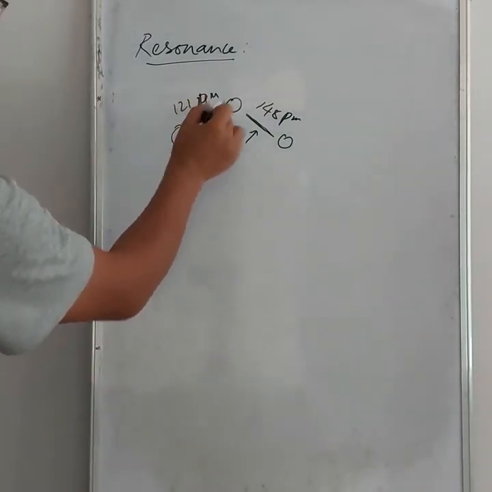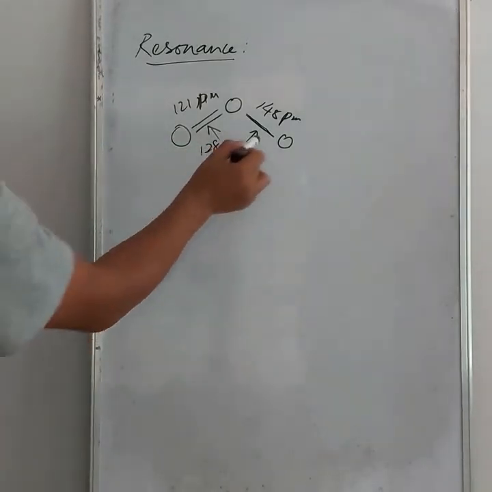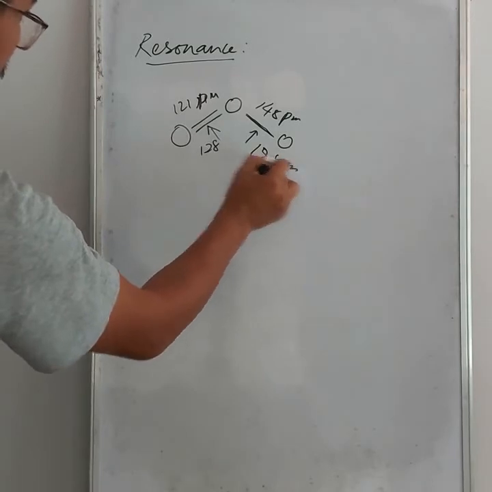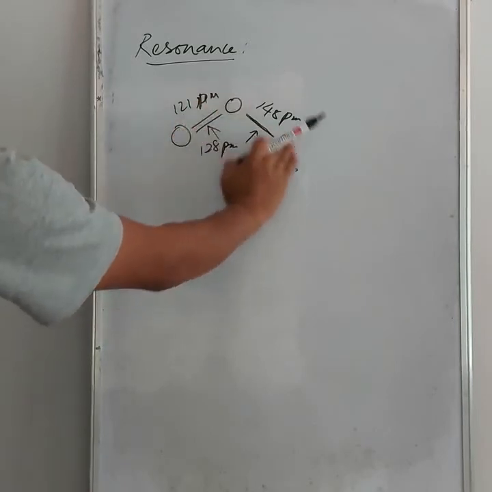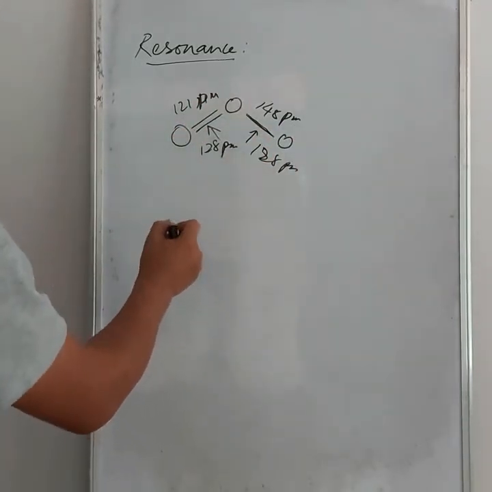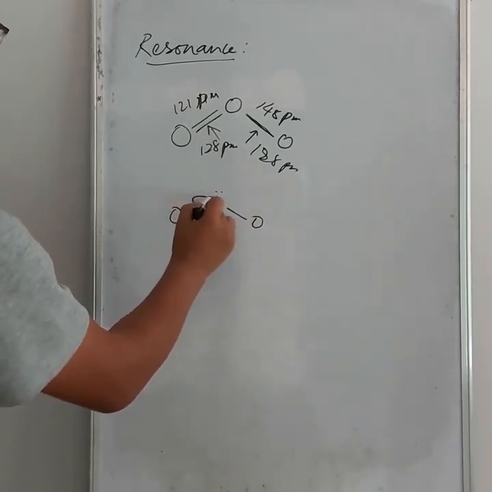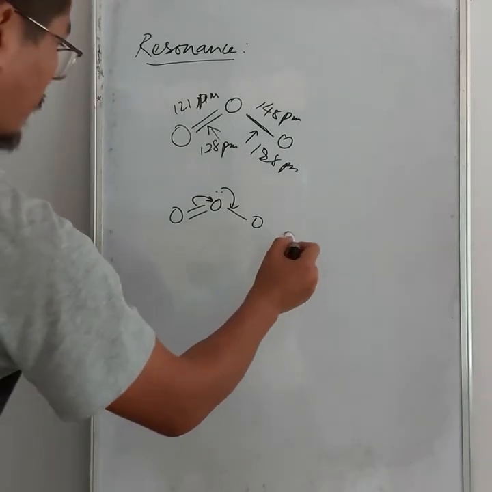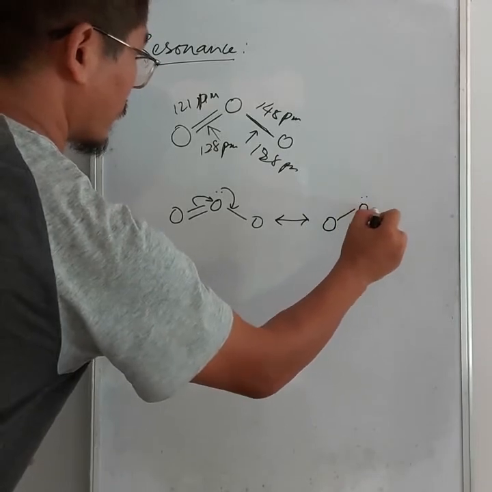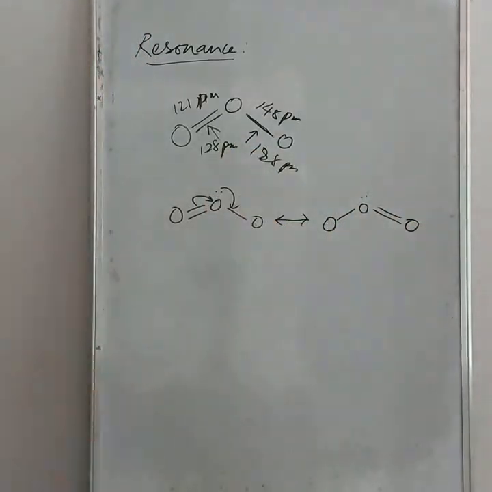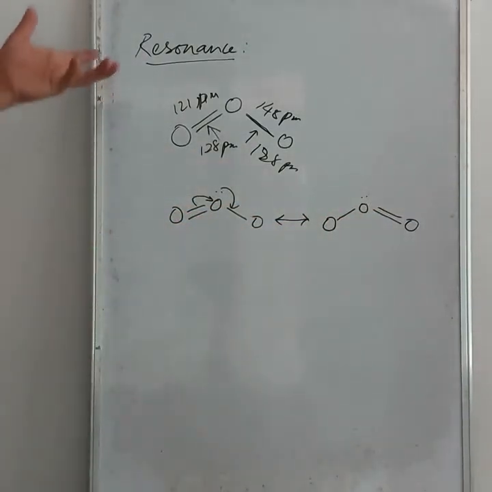So it is no longer 121 picometers but 128 picometers, and this one is also 128 picometers, which suggests that the double bond is distributed throughout the molecule. We can represent the resonance structure like this: double bond O, double bond O, and a lone pair here. This goes in, and this lone pair comes, so the double bond shifts to the other side of the atom. This can reverse again. That is what resonance is all about.